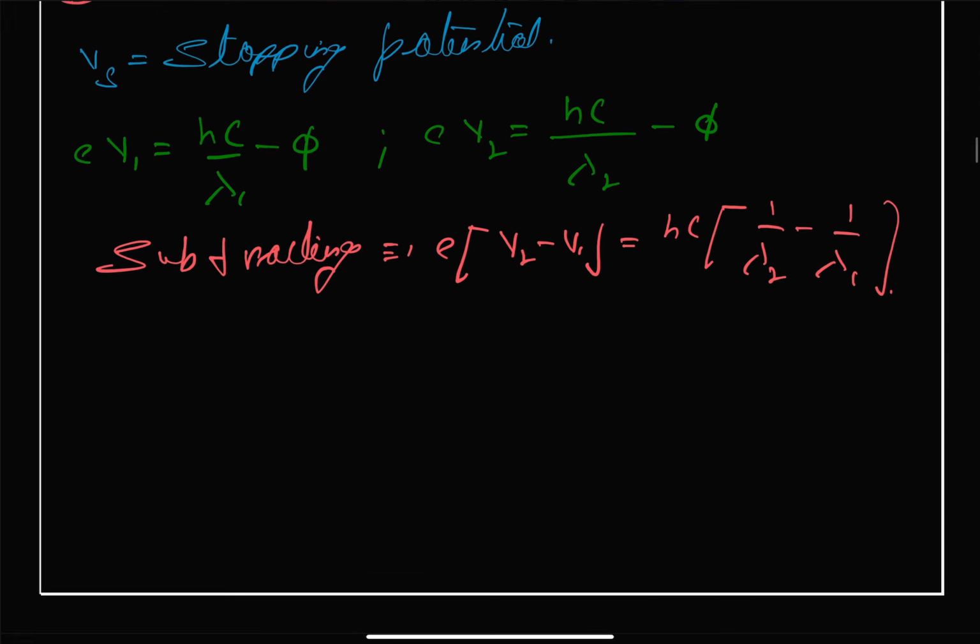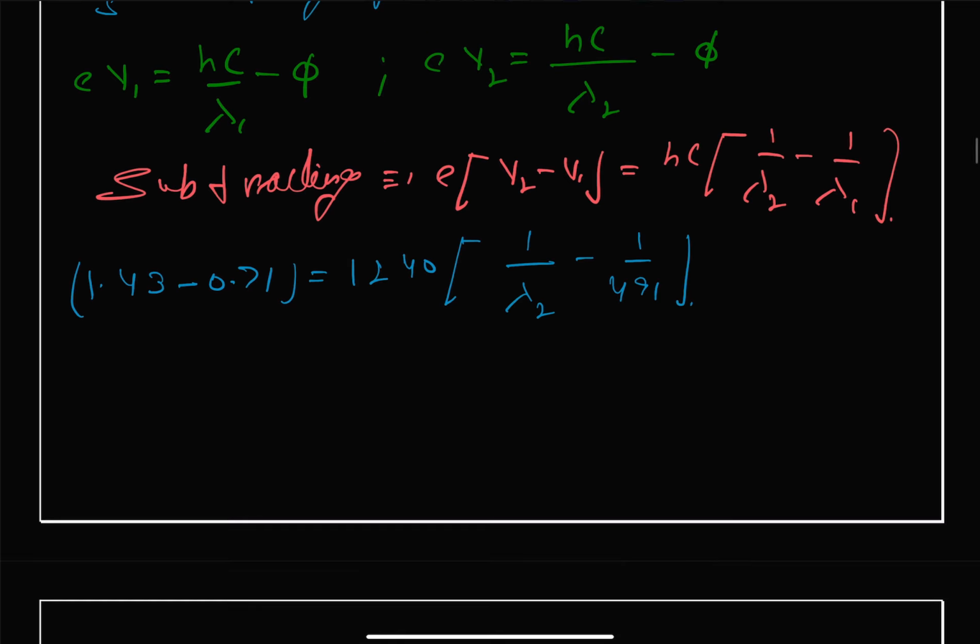We get V2 as 1.43 minus 0.71, and hc is 1240 electron volt nanometer, times 1 upon lambda 2, which we are supposed to find out, minus 1 upon 491. On the left side we get 0.72 divided by 1240 equal to 1 upon lambda 2 minus 1 upon 491.